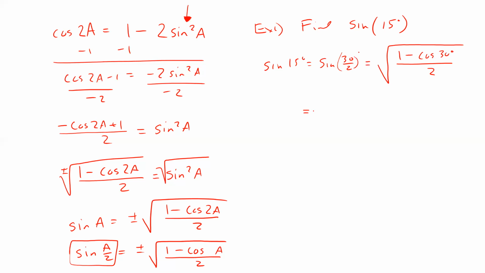All right, everybody good there? A little bit of algebra involved here. So you just keep on going with the algebra. 1 minus cosine 30 degrees, anyone? It's in the back side of the textbook.